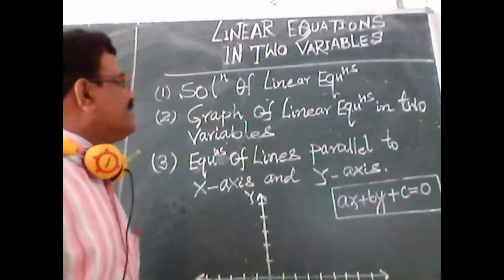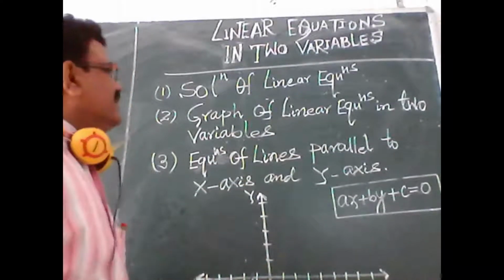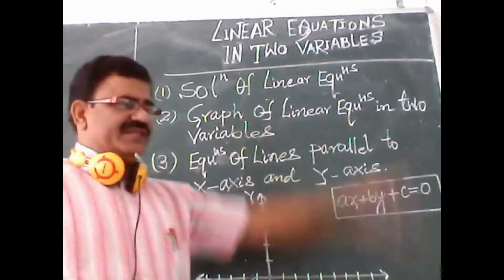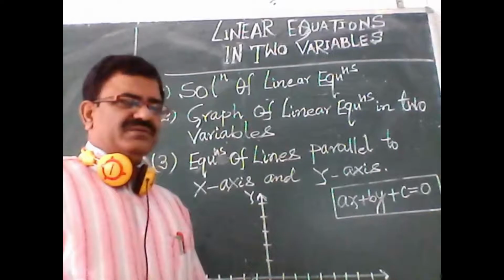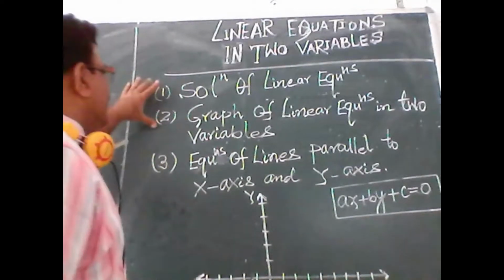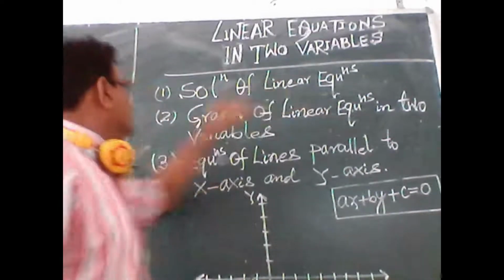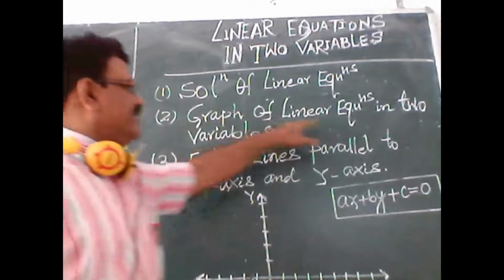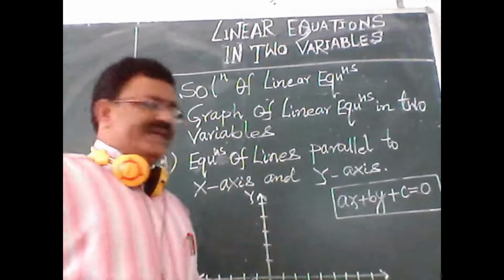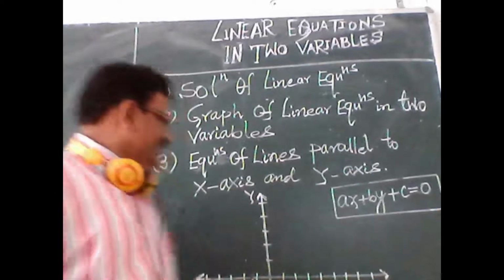Now students, in this chapter there are some specific TLOs, target learning outcomes. The target learning outcomes of this chapter are, first, solutions of linear equations. Second, the graph of linear equations in two variables, and third, the equations of lines parallel to the x-axis and y-axis.